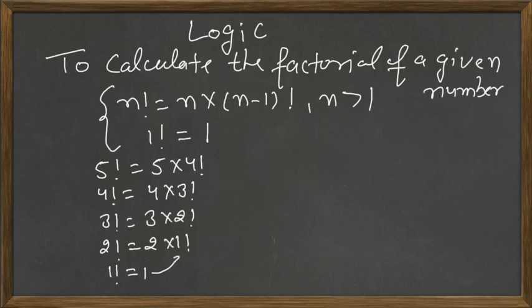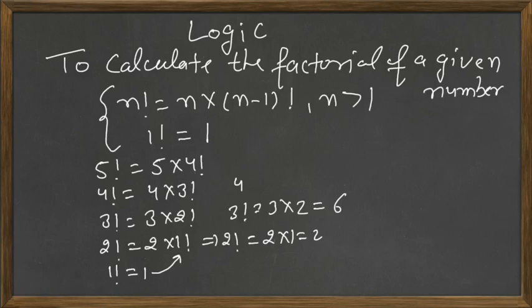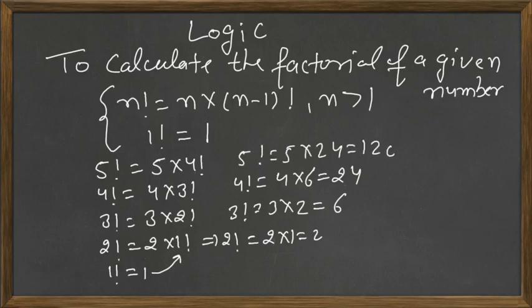So 2 factorial is equal to 2 into 1, which is 2. 3 factorial is equal to 3 into 2, which is 6. 4 factorial is equal to 4 into 6, which is 24, and 5 factorial will be 5 into 24, which is 120. So this is how factorial of 5 is calculated by the recursive definition.